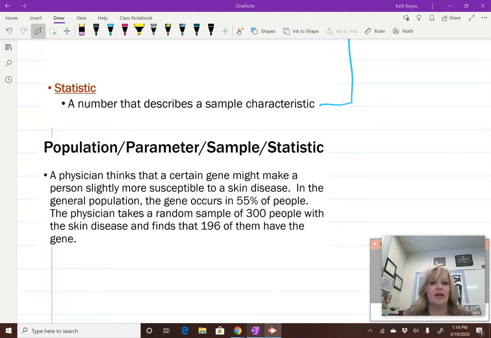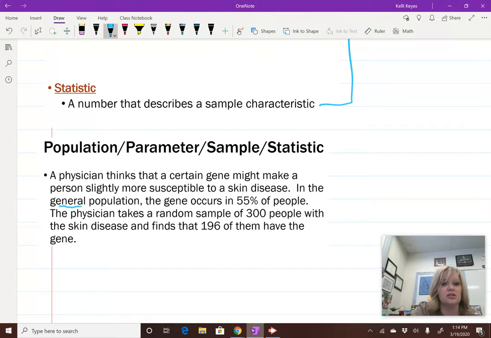So we have a physician that thinks a certain gene might make a person slightly more susceptible to a skin disease. In the general population, the gene occurs in 55% of people. So there's another important part right there.